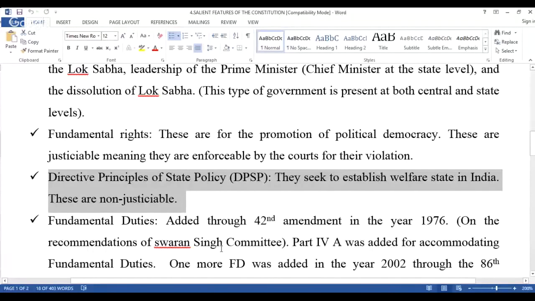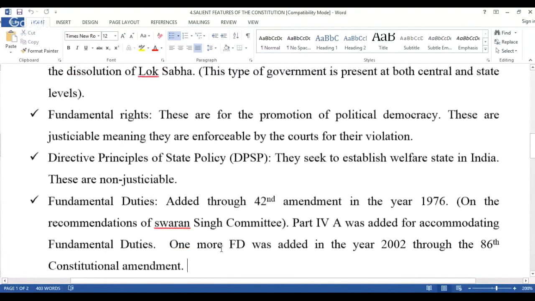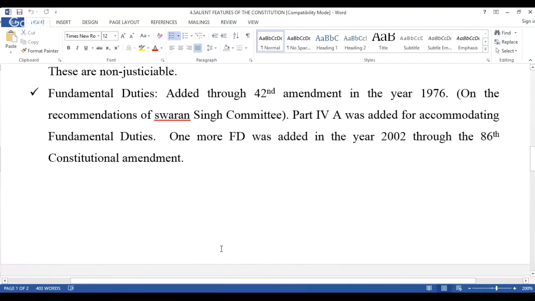Next, fundamental duties. Also, we have understood. Please read this.